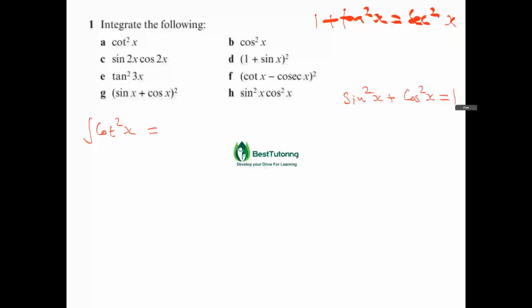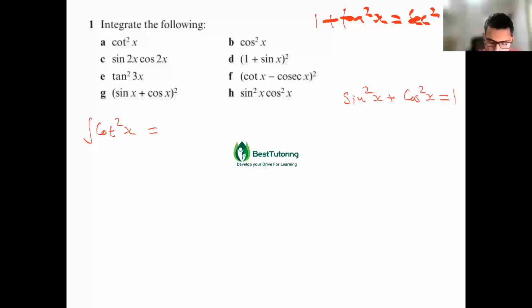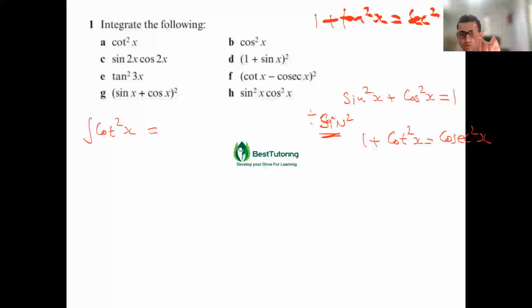One time here we divided by cos. What will happen if we divide everything by sine? Sine square divided by sine square is 1, cos over sine gives cot square x, so 1 plus cot square x equal to cosec square x. There are only 3 formulas which we did. We know already sine square x plus cos square x equal to 1.